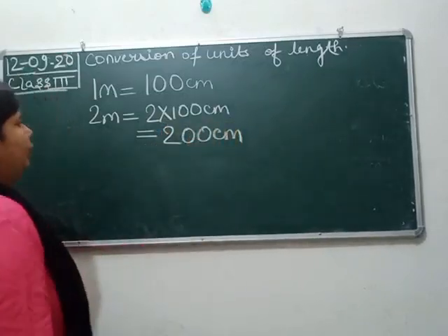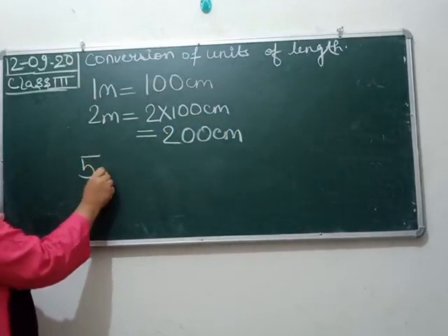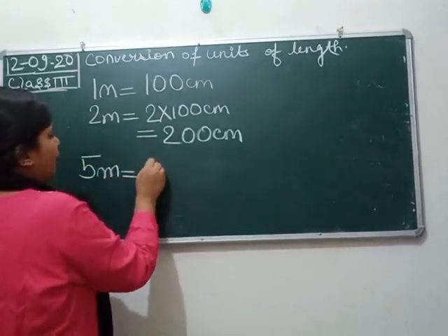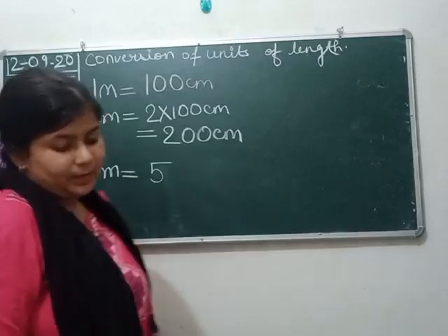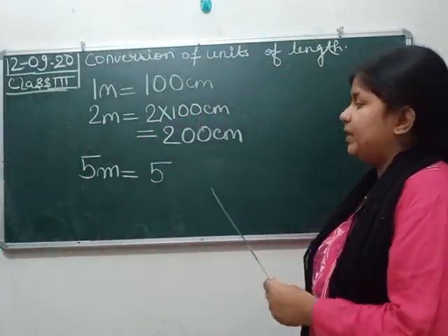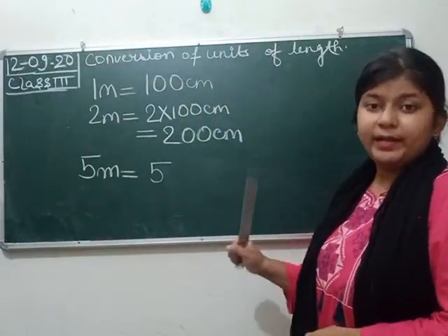Okay, now if I talk about 5 meter, if 1 meter equals 100 centimeter, then 5 meter will be equal to 5 into 100 centimeter.